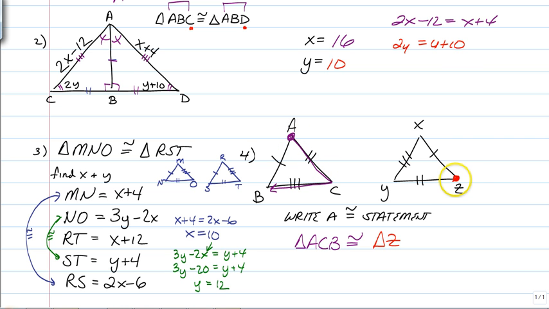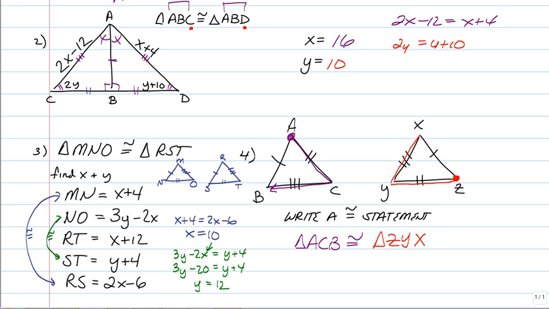So from Z, we have to skip across 2 tick marks. And that'll take us to Y. And then finally, after you got to C, skipping across 2 tick marks, you'd skip across 3 to B. Well, in this way, we're going to go from Y, skip across 3 tick marks to X. So triangle ACB is congruent to triangle ZYX.